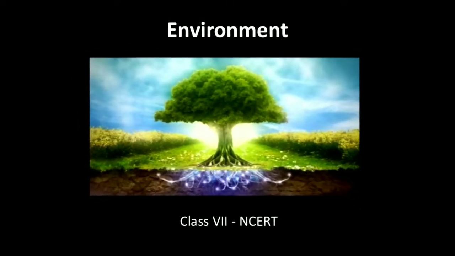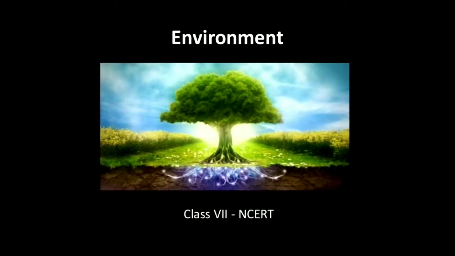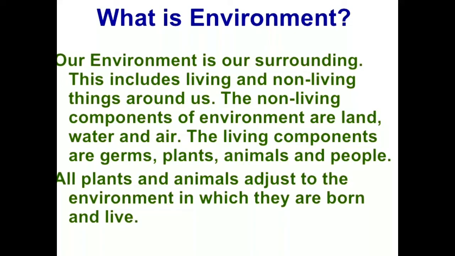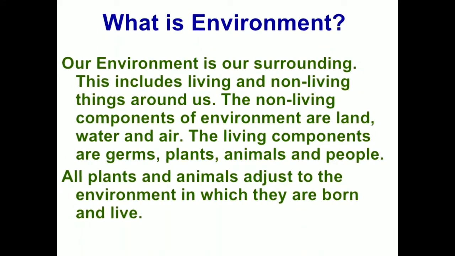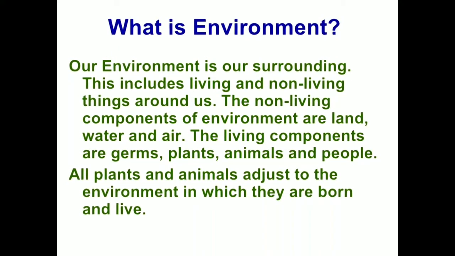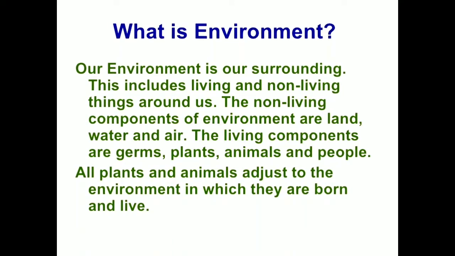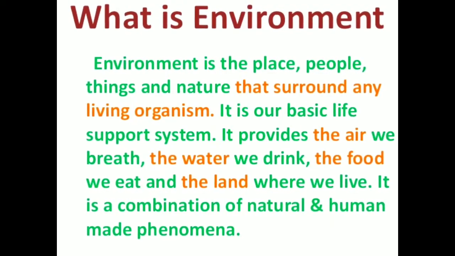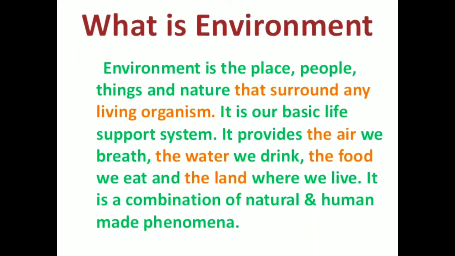And this chapter starts with a definition of environment. That is, the surroundings or condition in which any kind of living organism lives is called environment. The people, place, things or the nature itself is a part of environment, and it is a combination of natural or man-made activities.